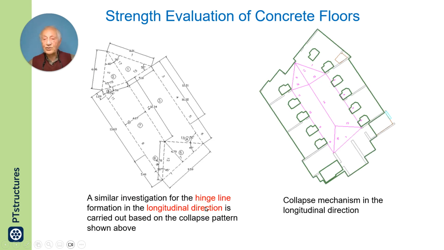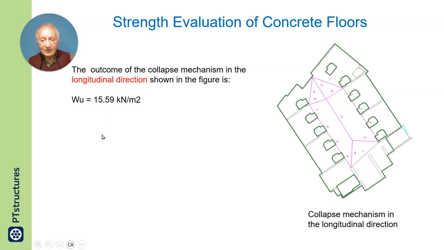Then, to make sure that what we have assumed is valid, we looked at it differently and assumed a mechanism like what is shown here. Details of the mechanism are shown on the left.